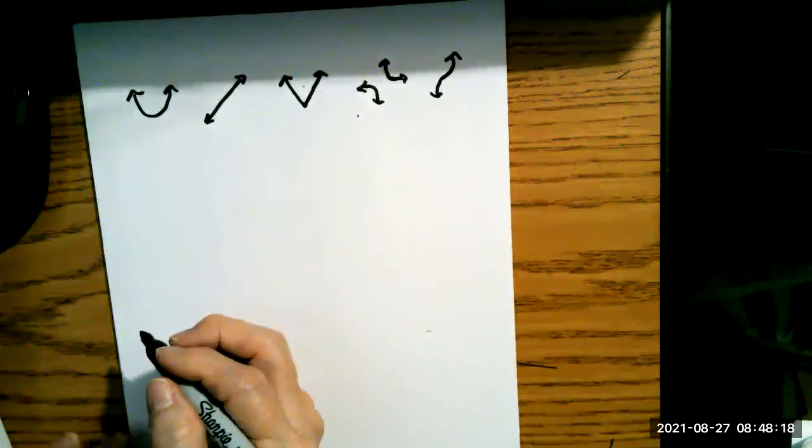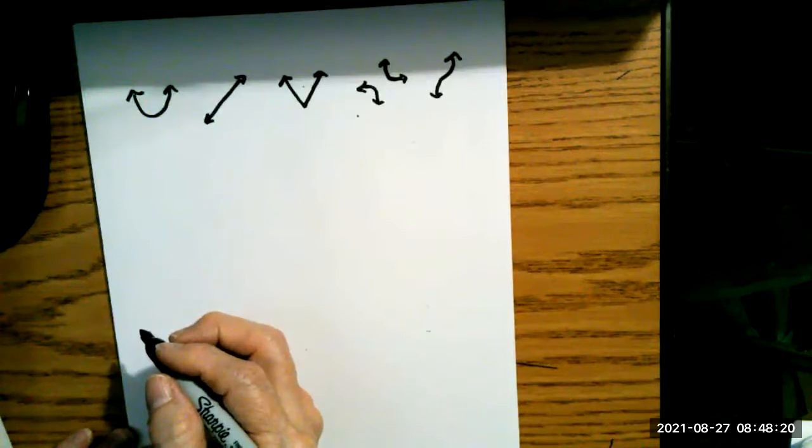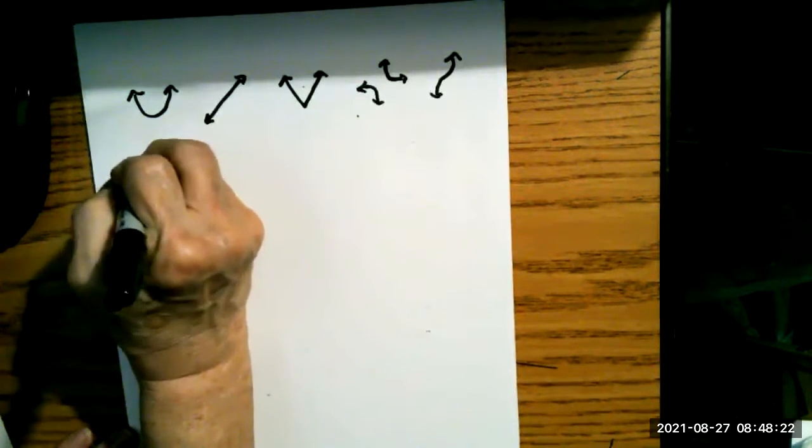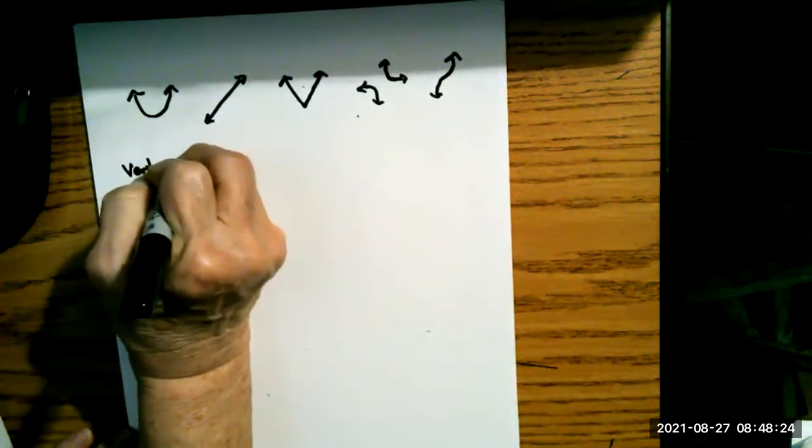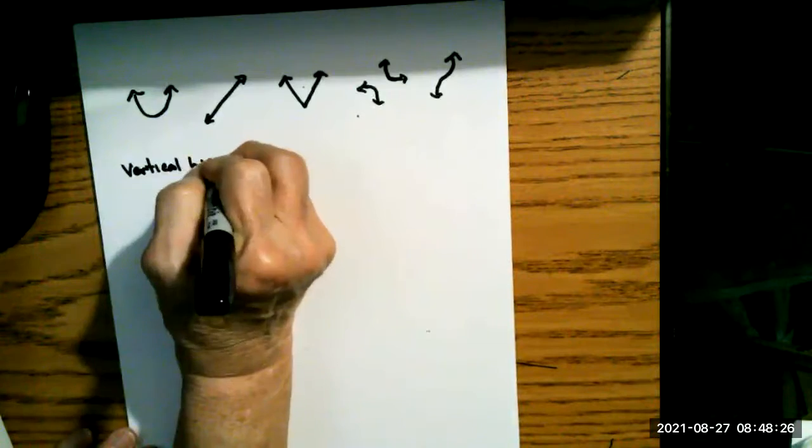To determine from a graph whether or not it is a function, you can use a vertical line test.